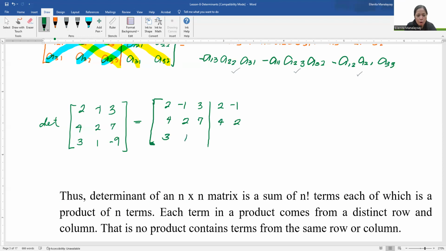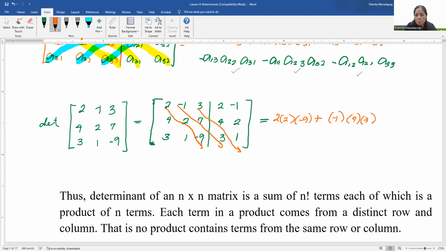Then 3, 1, -9, 3, 1. Okay, we get the product of the entries in the diagonals down. So we have 2 times 2 times -9 plus -1 times 7 times 3 plus 3 times 4 times 1, minus the product of the diagonals up.